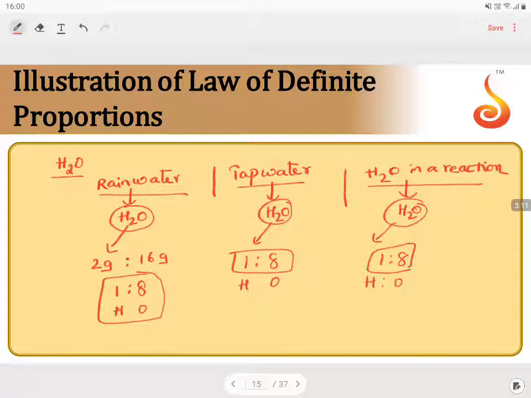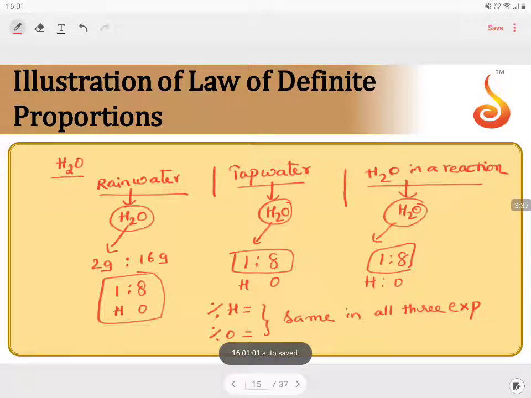At the same time, in any of these experiments, if you find the percentage of hydrogen and percentage of oxygen, they remain the same in all three experiments. So I have taken rainwater, tap water, and water in a chemical reaction.